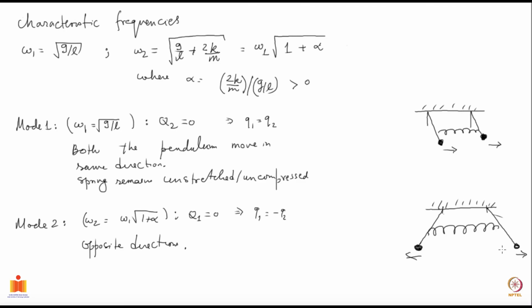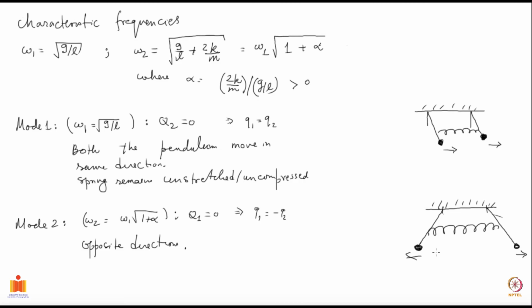It will be just looking bigger or smaller, whether it is more out or less out. That is what is going to change with time. So the visual perception of what you have in front of you in a particular mode does not change with time. It just only becomes bigger or smaller. And the reason is because all the parts are moving with the same frequency when you are in a normal mode.